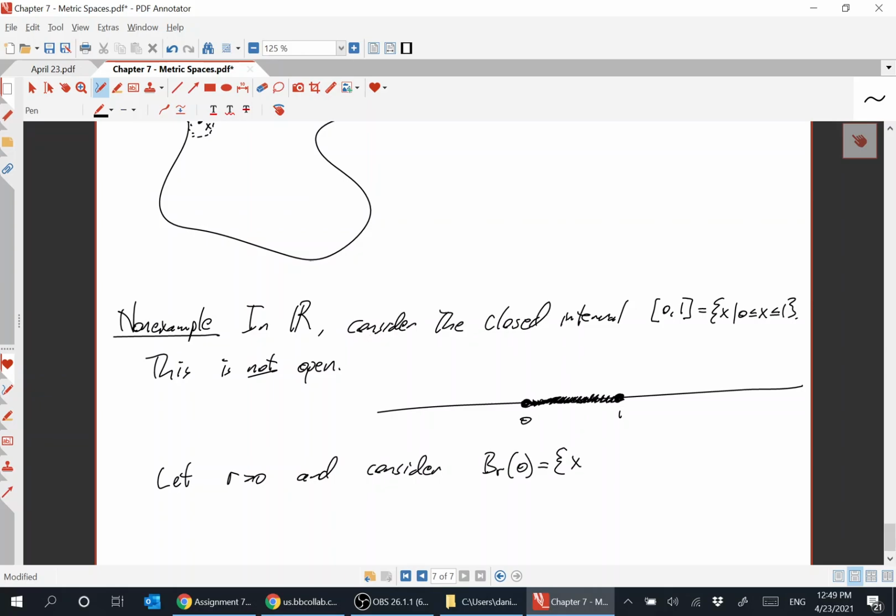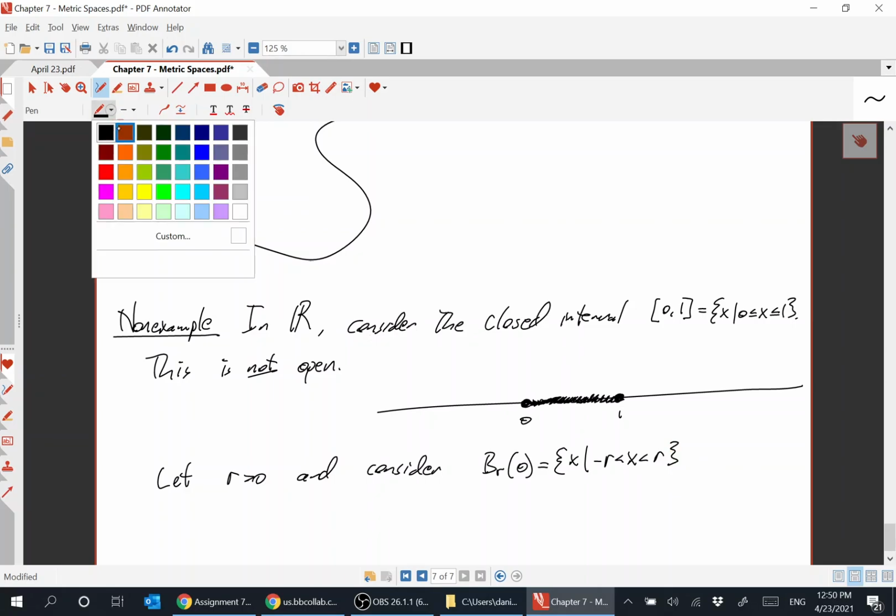So what is it going to be in general here? Which numbers around 0 have distance less than r? The set of all x such that minus r is less than x is less than r.